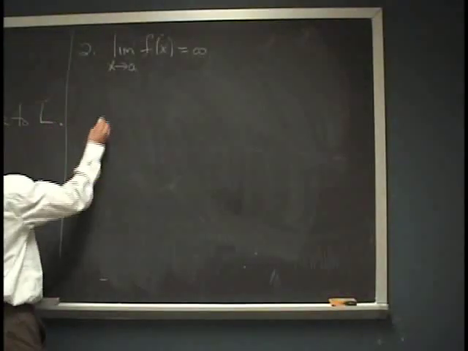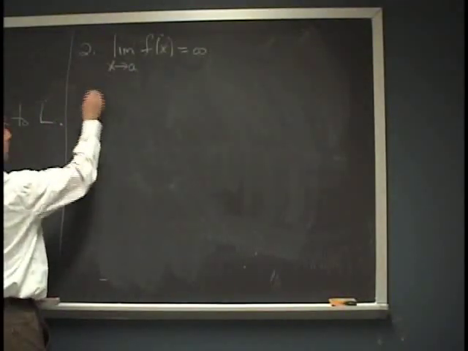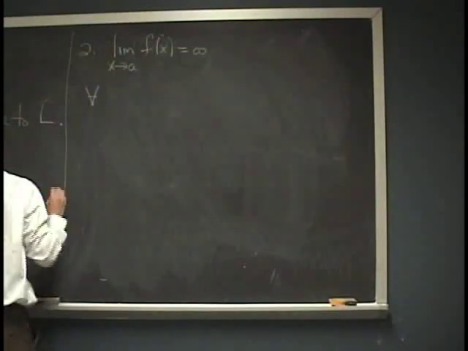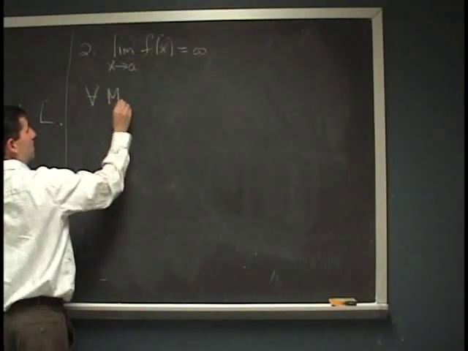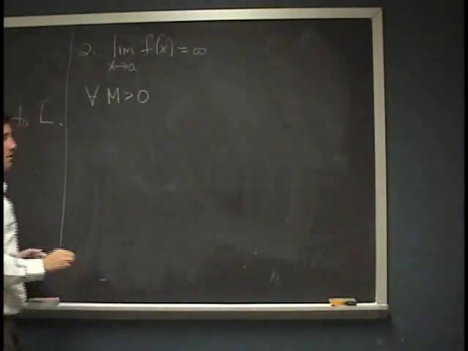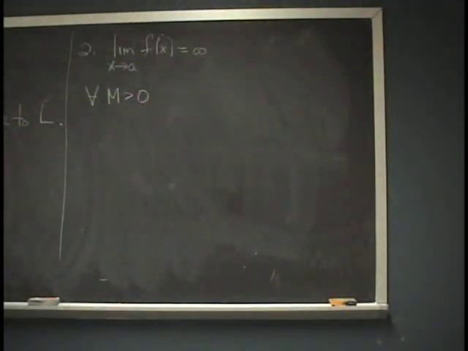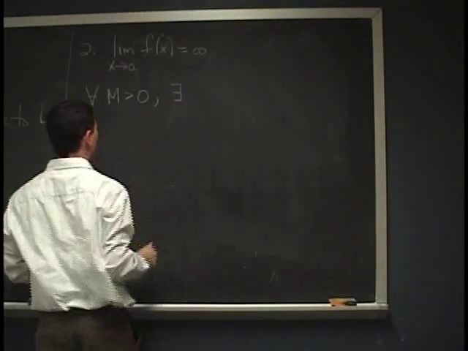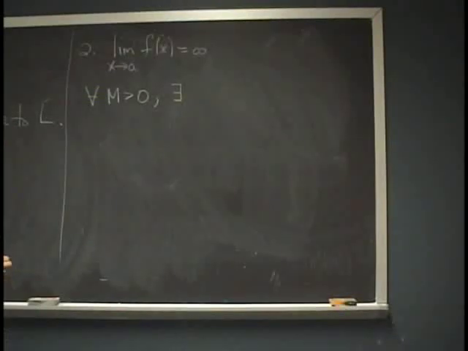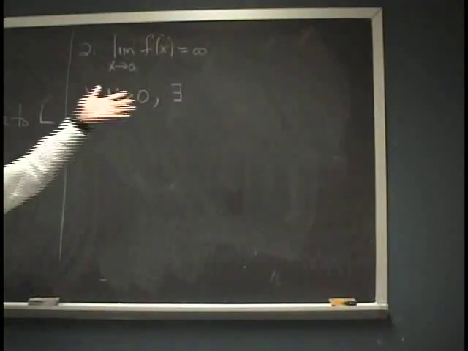So what can I mean by this? Well, I have to mean the following. Instead of starting with there exists, I'm going to say for every m greater than 0. How should I write this? Let me first say it, and then we'll try to write it.